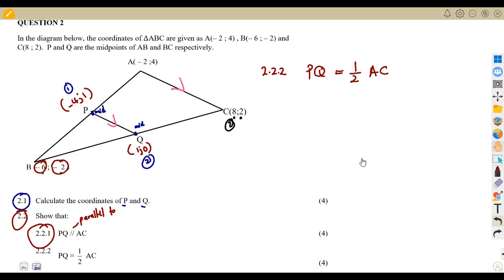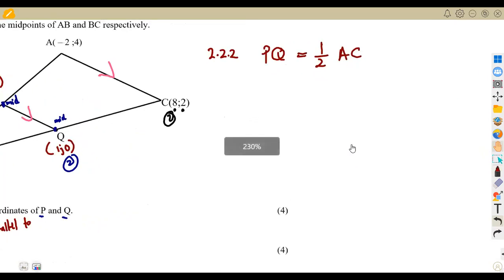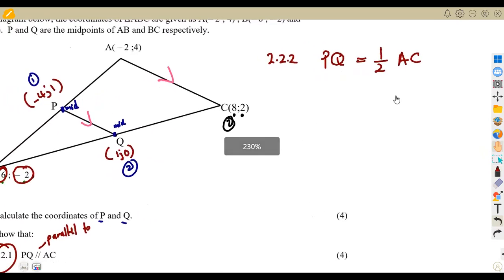So what are we supposed to prove here? It's simply the distance, the length of PQ and of AC. So we just have to calculate the length of PQ.